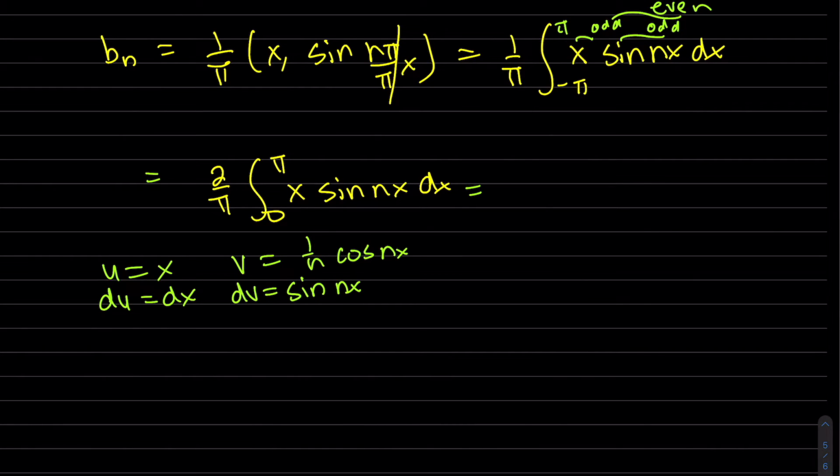u times v. Oh, we do have a negative there. So I'm going to be integrating these two. And the integral of cosine of nx, that's how the n squared came out, is 1 over n.